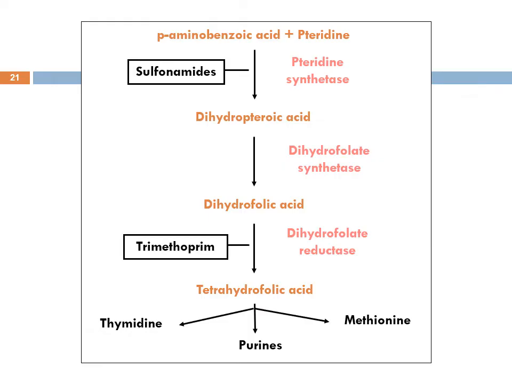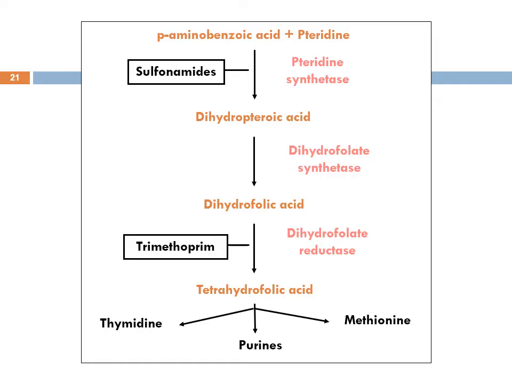Trimethoprim will affect the last step in the formation of folic acid. To repeat, it is a chemotherapeutic agent that competes with an essential metabolite for the same enzyme. Para-aminobenzoic acid is a very essential metabolite for the organism, a precursor of folic acid.